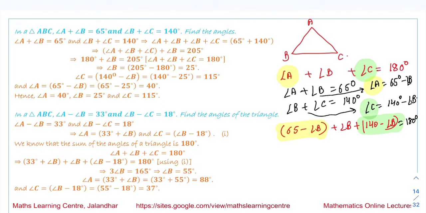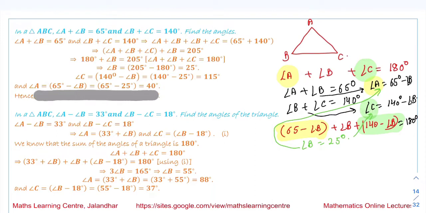So on solving these equations, you will get the value of angle B is equal to 25 degrees. Now angle A we know is 65 minus angle B, and angle C is 140 minus angle B. So when you substitute these values, you will get angle A is equal to 40 degrees, angle B is 25 degrees, and angle C is 115 degrees.